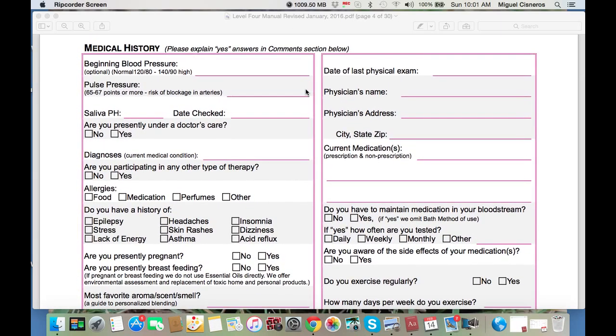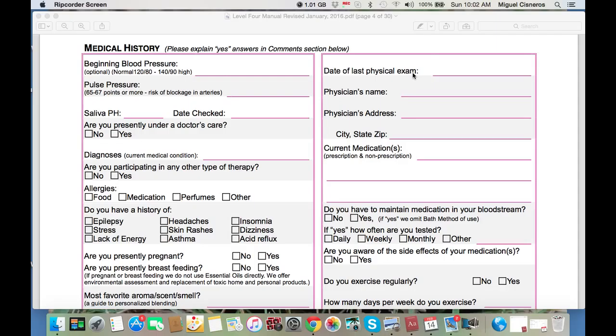On the next column, we have date of last physical exam. We promote physical examination. We promote medical care. So we want them to know this. And if they haven't had a physical exam within the time that they should, this is a time to let them know that's a good idea, especially if they have a pain, if they have a feeling that they did not have before.